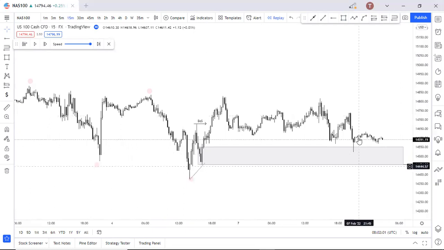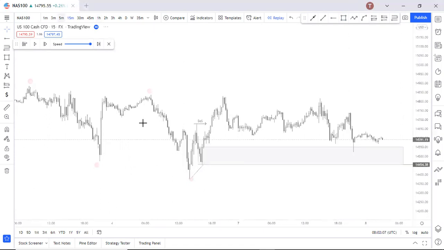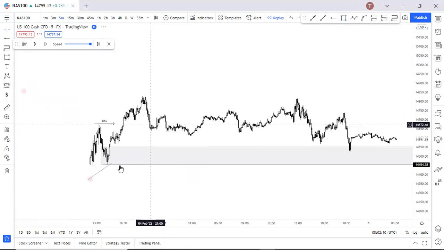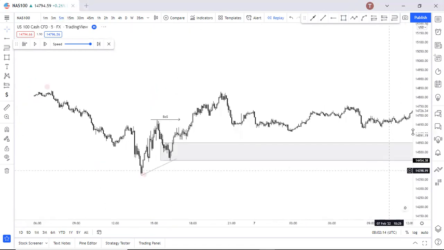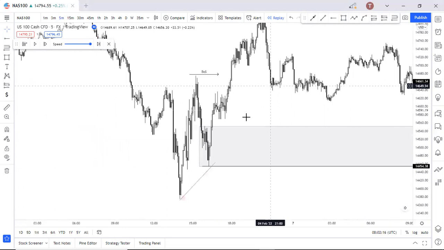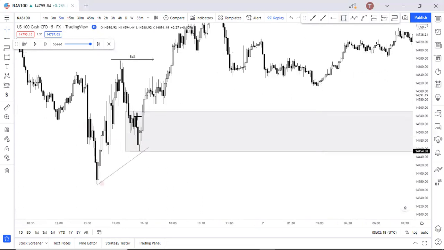At this time, the market had already tapped into the zone yesterday, and I went down to the 5 minutes time frame. This is our 15 minutes demand zone, but inside it on the 5 minutes time frame, we can see that we have imbalance inside the zone. There are still gaps inside this demand zone.